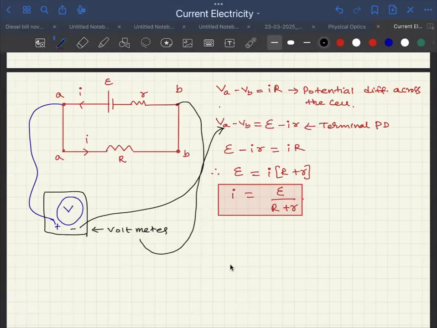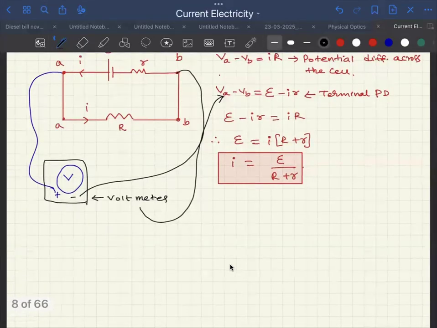Can I ask you one question? When will it show EMF E? Anyone in the class? You take the same circuit again: battery, internal resistance.